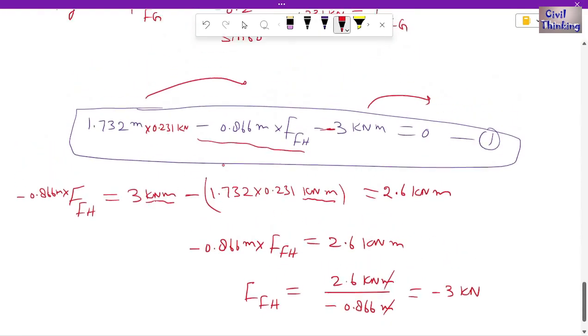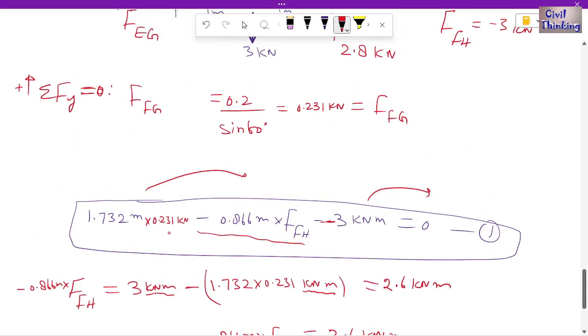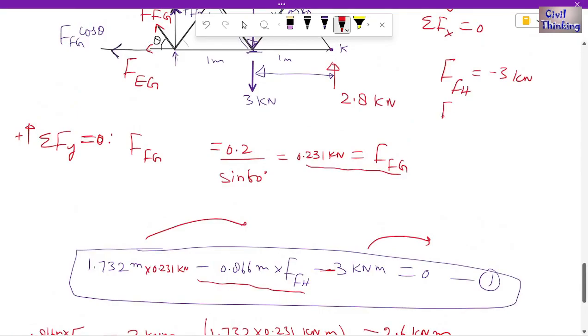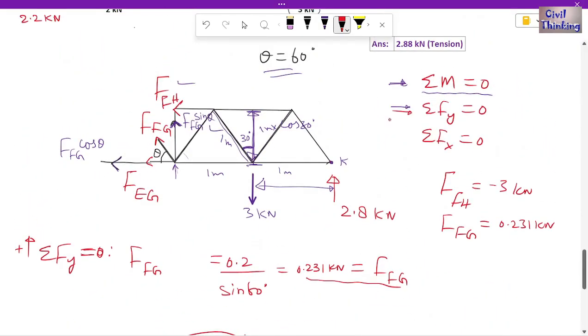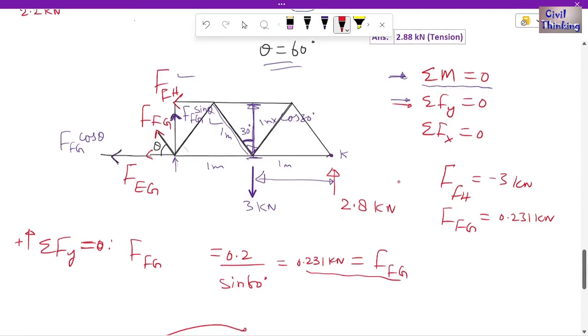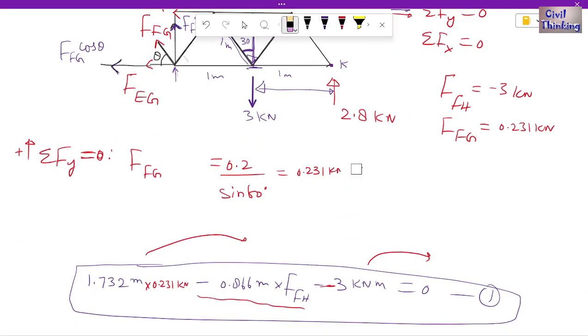We also found what? Force in FG, right? Force in FG was equal to 0.231 kilonewton. Okay, now we have applied this equation also. Now I will erase first, then we will apply this equation. Okay, so let me erase everything first.